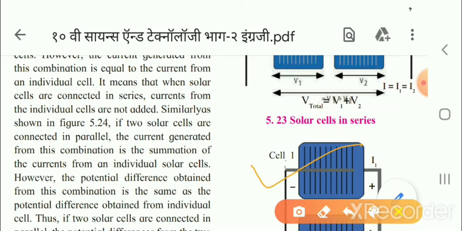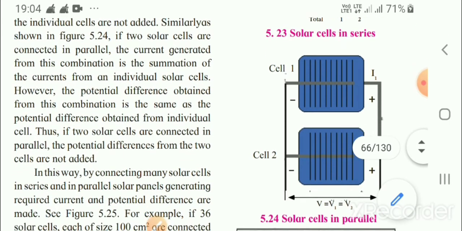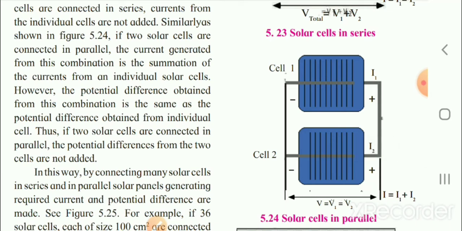Now let me show you that when they are connected in parallel position, the current generated from this combination is the summation of the currents from the individual solar cells. The potential difference obtained from this combination will be the same as the potential difference obtained from an individual cell. So if two solar cells are connected in parallel, the potential differences of the two cells are not added.